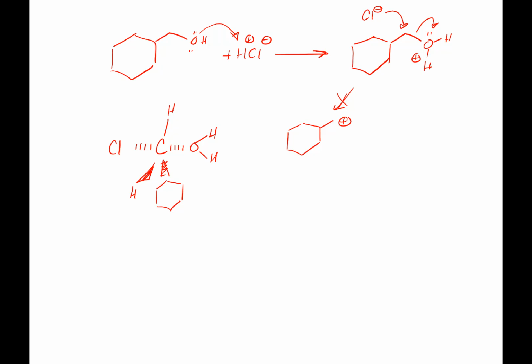It would look like that, right? Because I'm doing an SN2 mechanism, so I would see the SN2 trigonal bipyramidal transition state for this reaction.